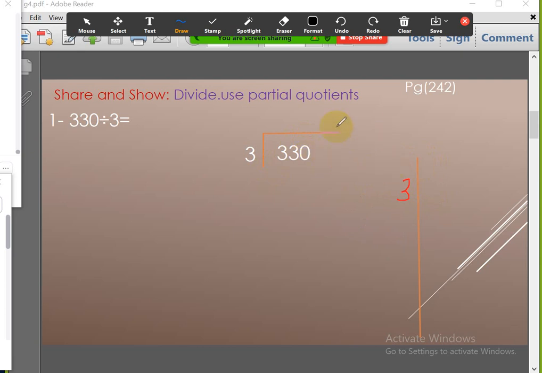Look, girls, I have here a 330. I have a 100 number. When I have a 100 number, the easiest way for me is to try to multiply the divisor with 100. Why? Because if you try with 10, the partial quotient will take too many parts.